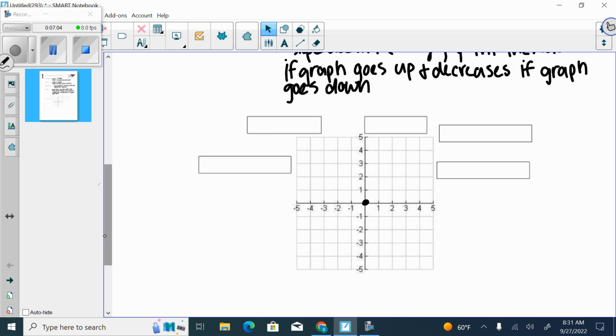So you're just going up 1 and over 1 for each point here. So this is y equals x, which is the parent function.